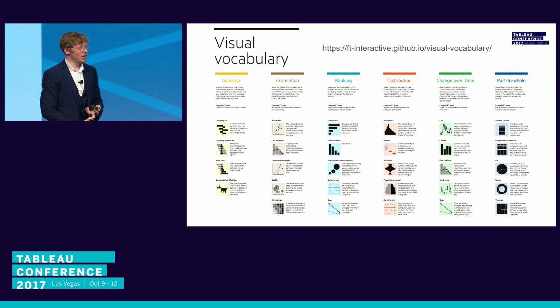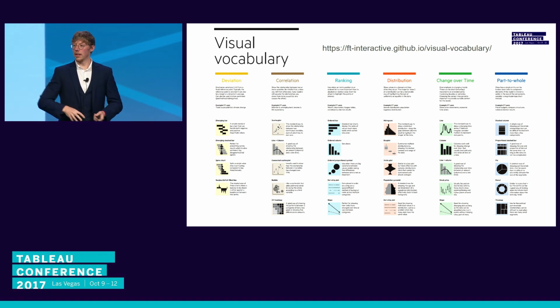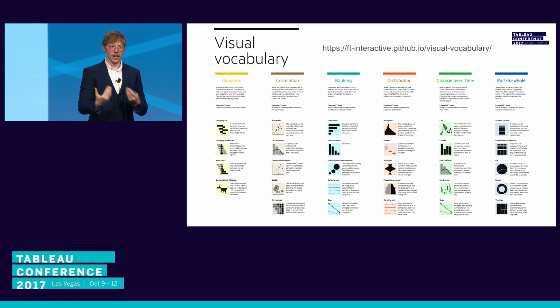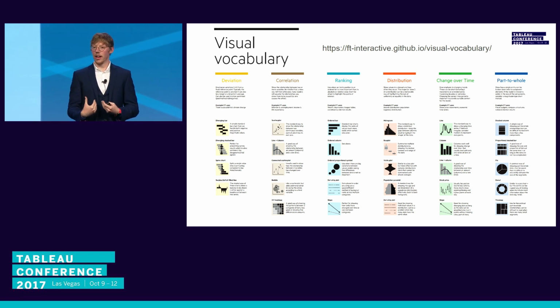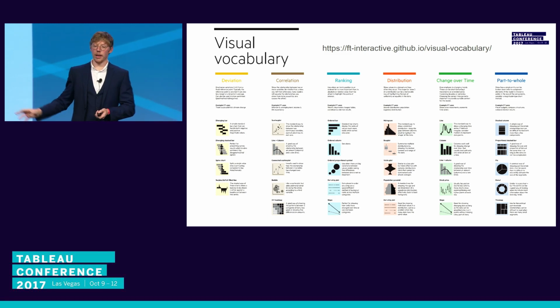Is it distribution? Is it a ranking of some sort? You should use a particular chart type for that analysis. Again, the reason is this is a media company. Their audience expect to digest that and easily flick through and understand a chart. So they're purposely aimed at doing that.